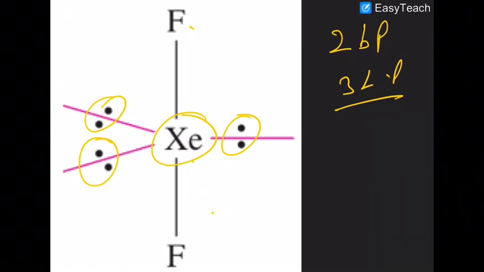So in XeF2, the geometry should be like sp3d, that is trigonal bipyramidal, but the geometry is not this. The geometry is linear. Why? Because of the presence of three lone pairs.